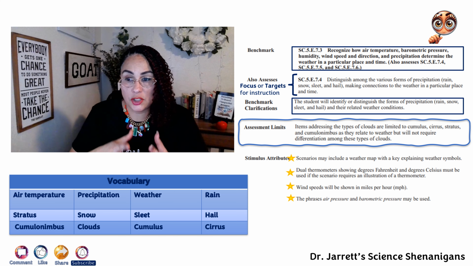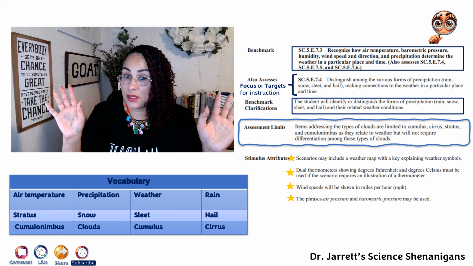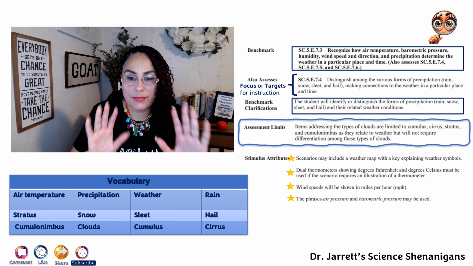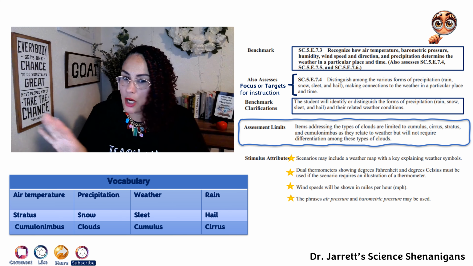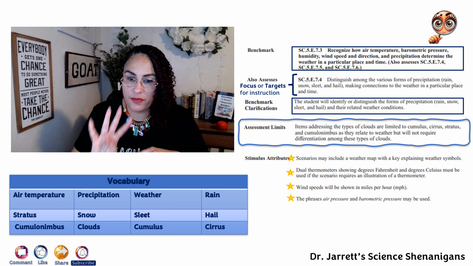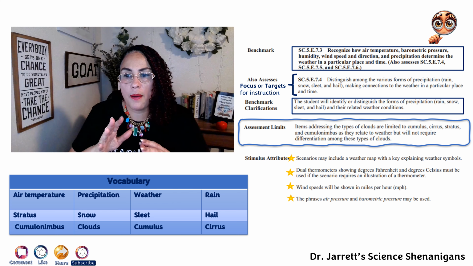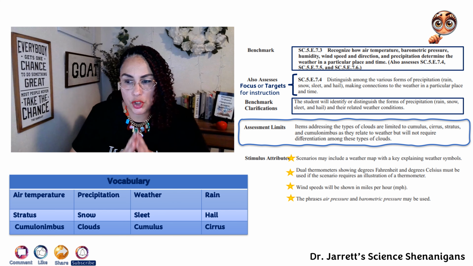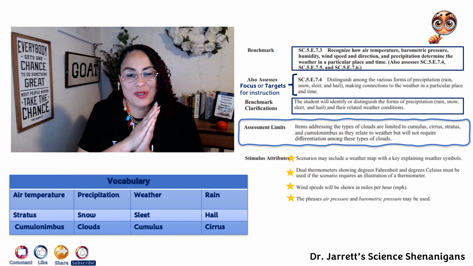Also, making sure that they address the four clouds, not all the other ones, because I guarantee you, in a resource that you have, it's going to have all the clouds. We don't need all the clouds. We just talk about four of those clouds. And once we talk about the four clouds, we're only going to talk about the weather they produce. That's it. It's going to be a beautiful day with precipitation.